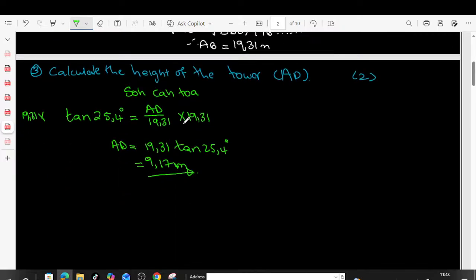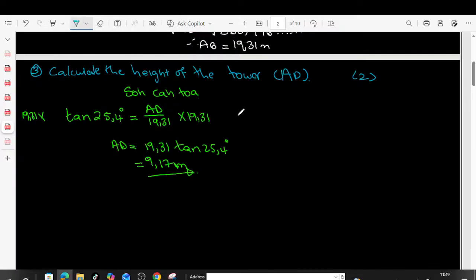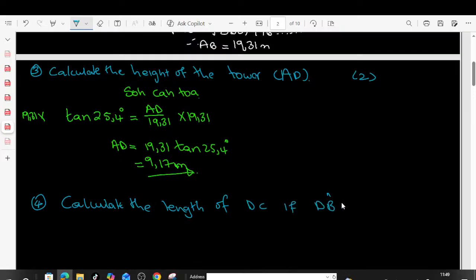DC. This will be question number 4. Calculate the length of DC if angle DBC is equal to 67.3 degrees.